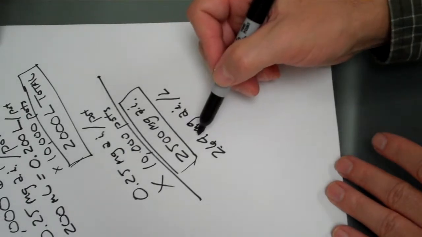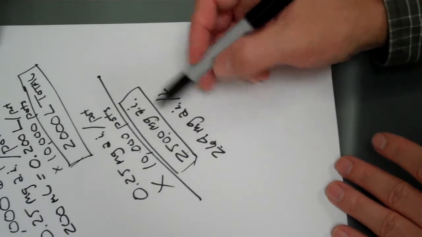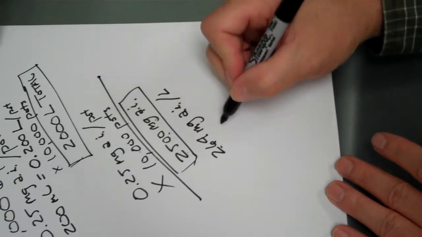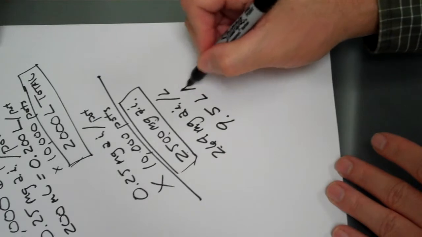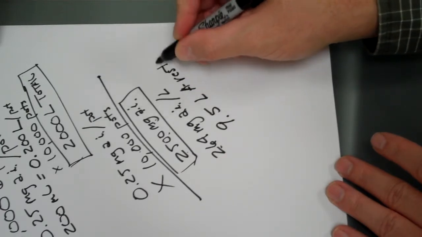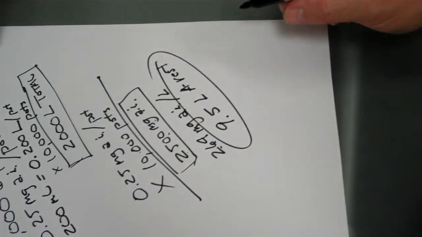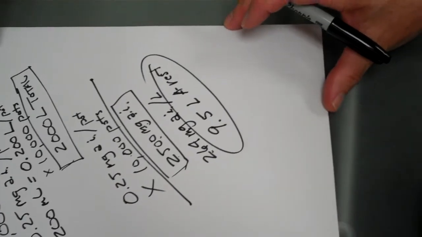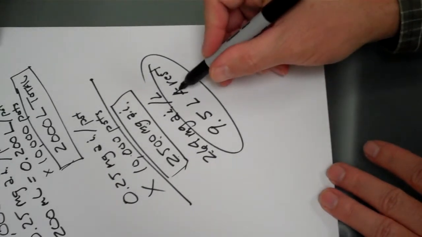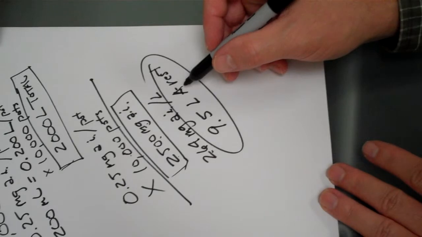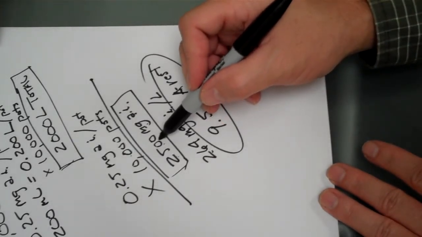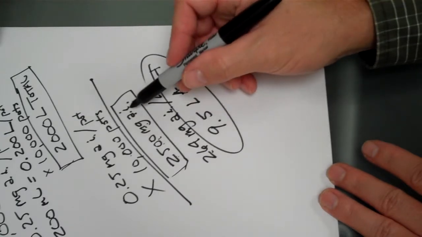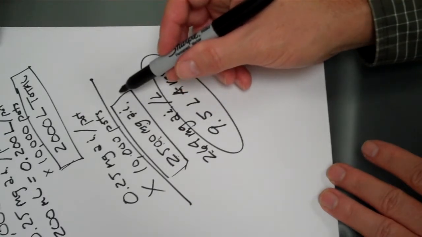So we just divide. If we divide the 2,500 by the 264, we come out with 9.5. Just dividing the way we had before. So 9.5 liters of A-rest will contain 2,500 milligrams of ancymidol, the active ingredient.